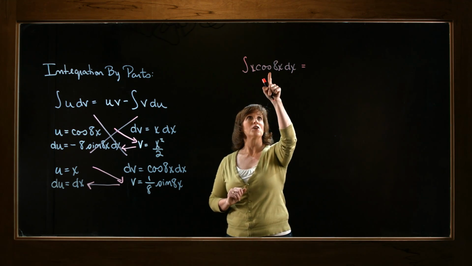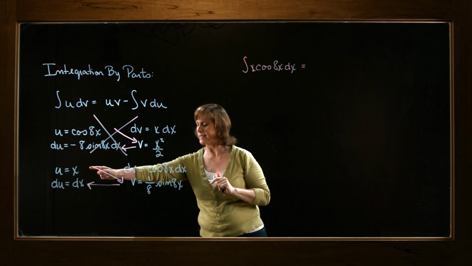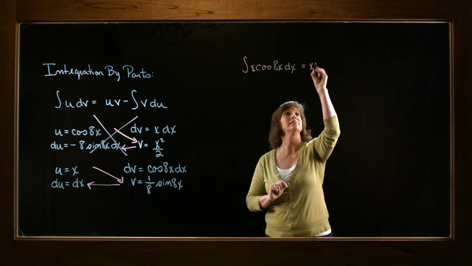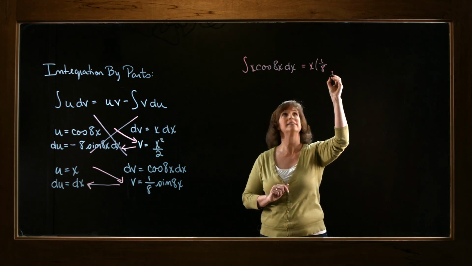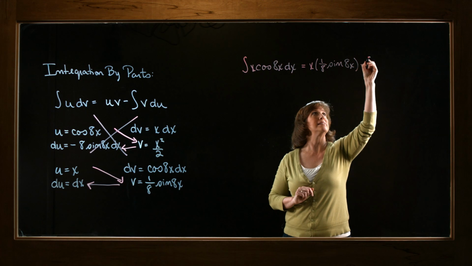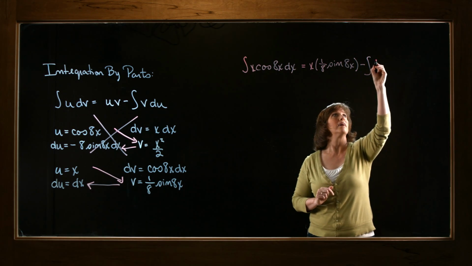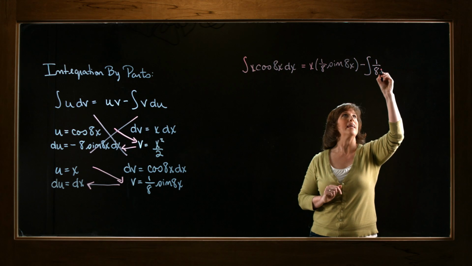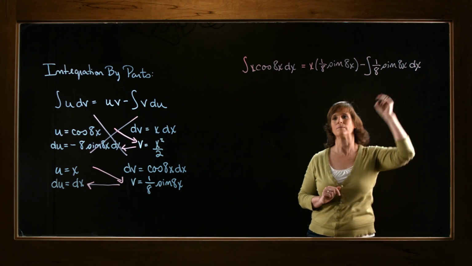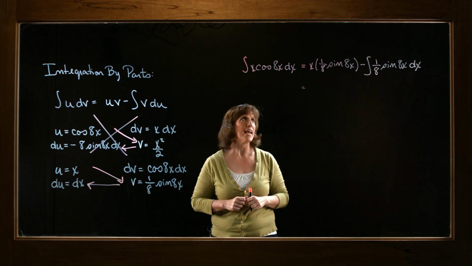The integral of x cosine 8x dx by integration by parts will be the same thing as x times 1/8 sine of 8x, minus the integral of v du, which will be 1/8 sine of 8x dx. Okay, I think I should do a little bit of simplification here.